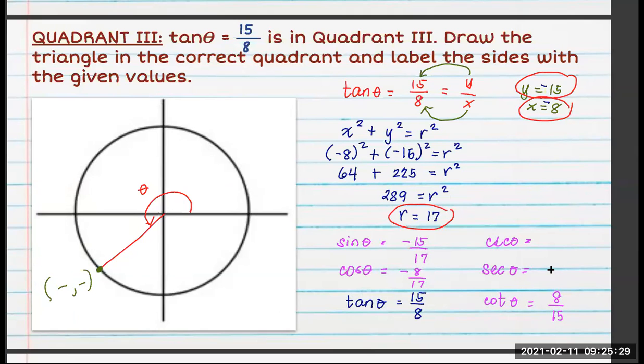Secant theta would be negative 17 over 8, the reciprocal, and cosecant is negative 17 over 15. Okay, class?